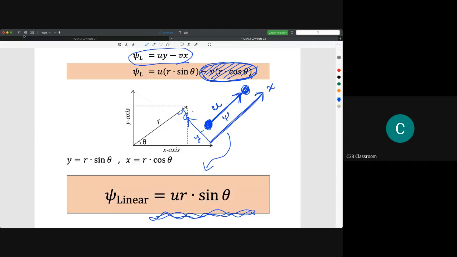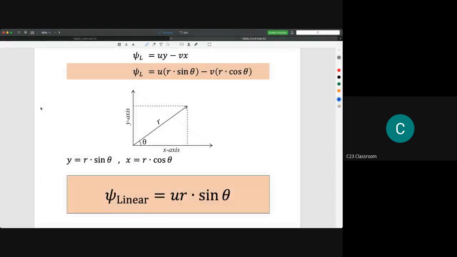Boleh faham ke? Okay, so saya harap awak dapat faham, awak dapat imagine why after this we will only assume that psi linear is equal to Uy or Ur sin theta. Okay, so you need to remember this term. So it will help you to calculate faster. Okay, awak kena ingat yang ini.